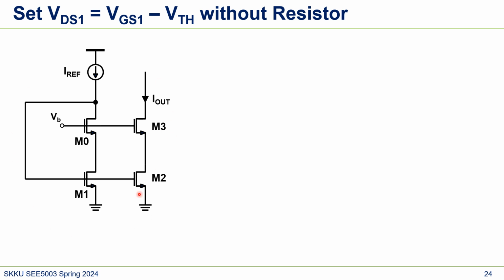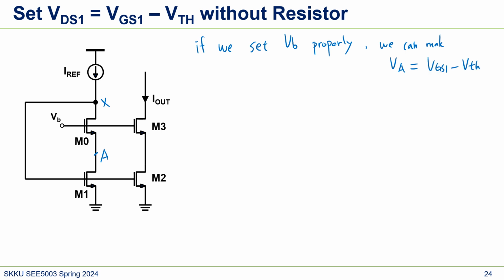So let's look at this circuit. Let's say here is A, and here is X. The assumption is that if we set VB properly, we can make VA equal to VGS1 minus VTH.